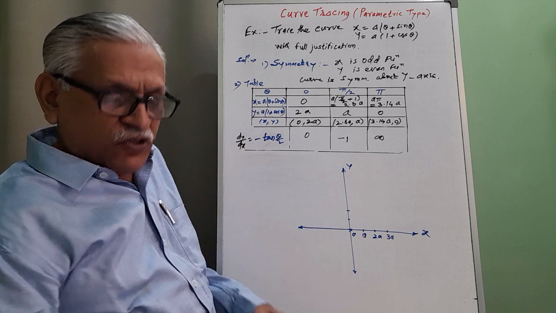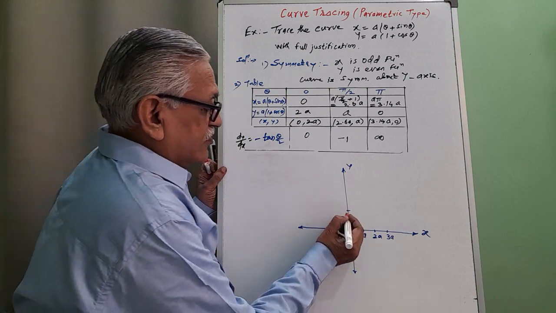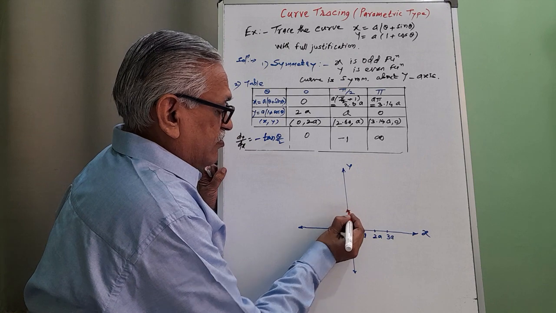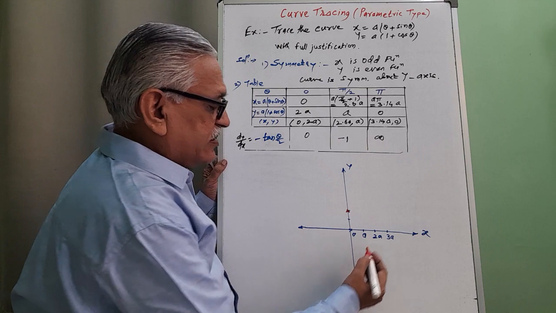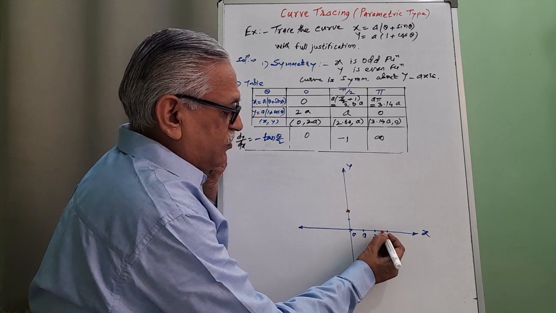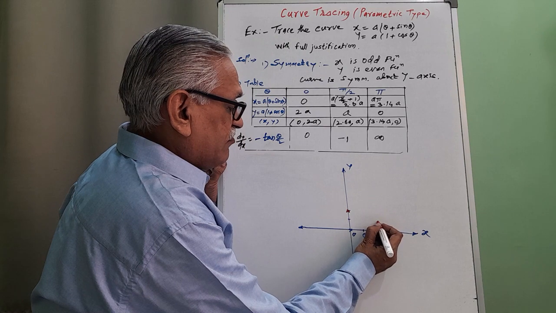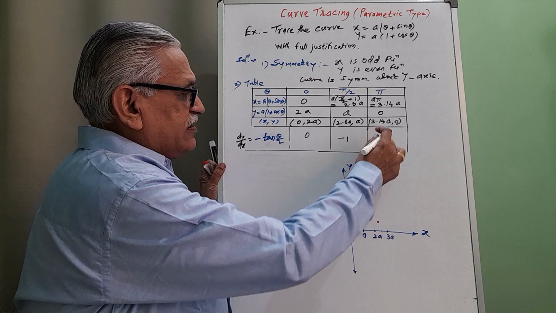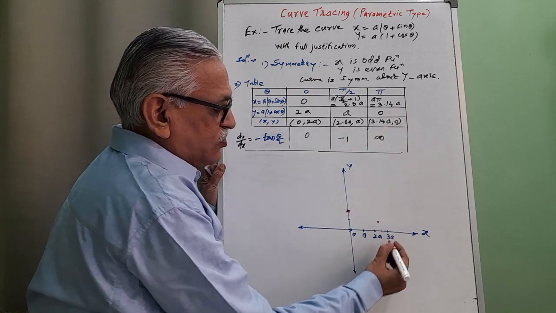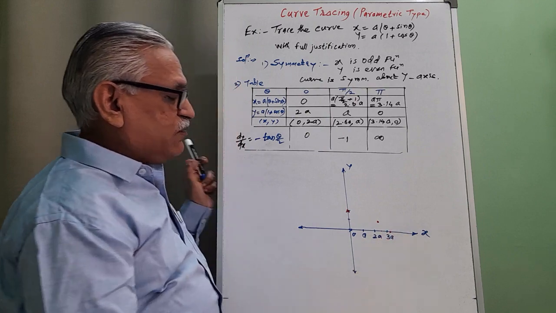Therefore, the first point is 0, a. Then the next one is 2.6a and y is a, so 2.6 somewhere here, and the corresponding value is a. We get this one, and 3.14a, 0, with 3.14 and y is 0. Therefore these are the 3 points.